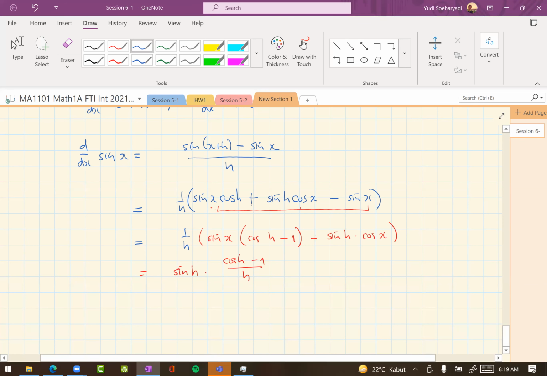This is plus. So this is plus here. Okay. So what we had here is cosine, and then take the limit.